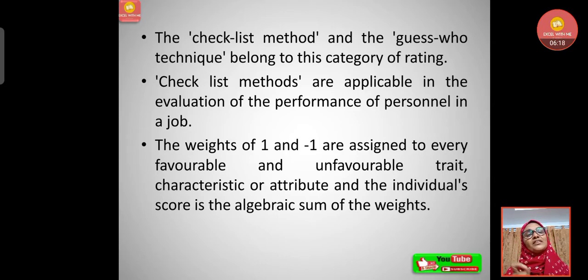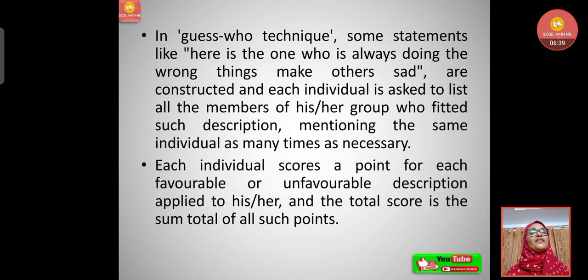Now checklist methods are applicable in the evaluation of the performance of personnel in a job. The weights of +1 and -1 are assigned to every favorable and unfavorable trait, characteristic or attribute, and the individual's score is the algebraic sum of the weights.